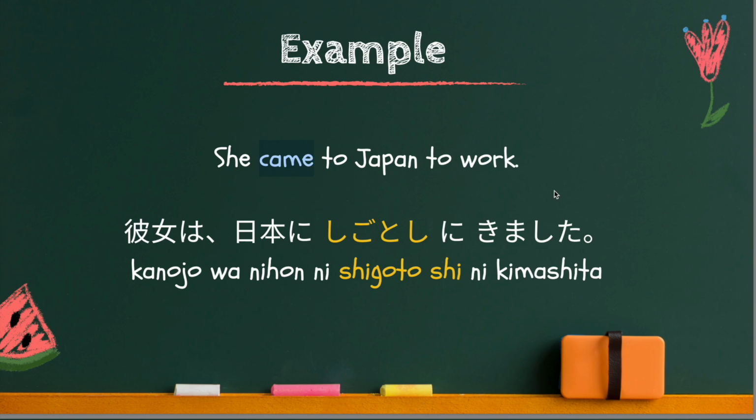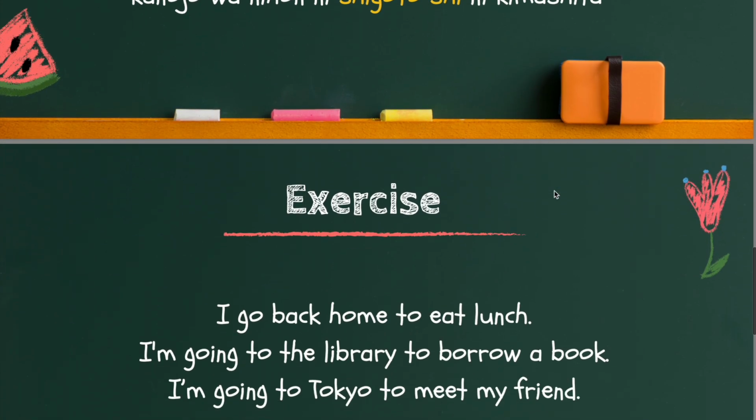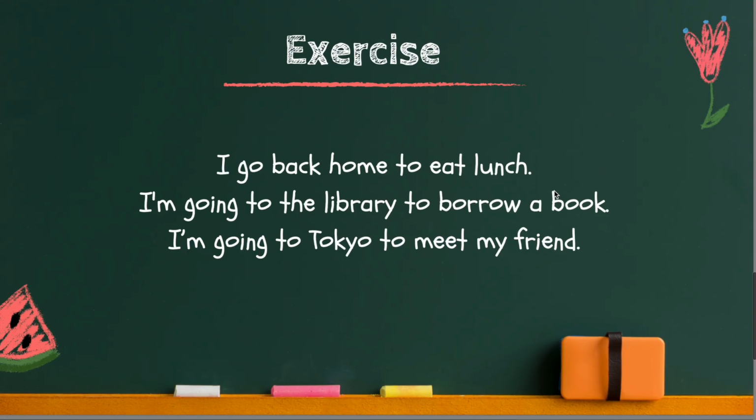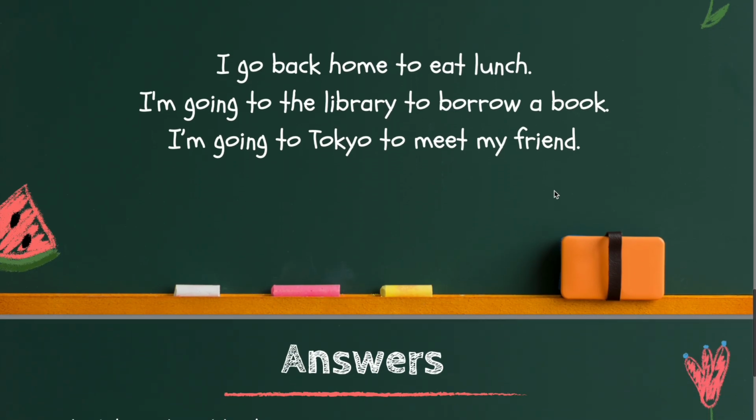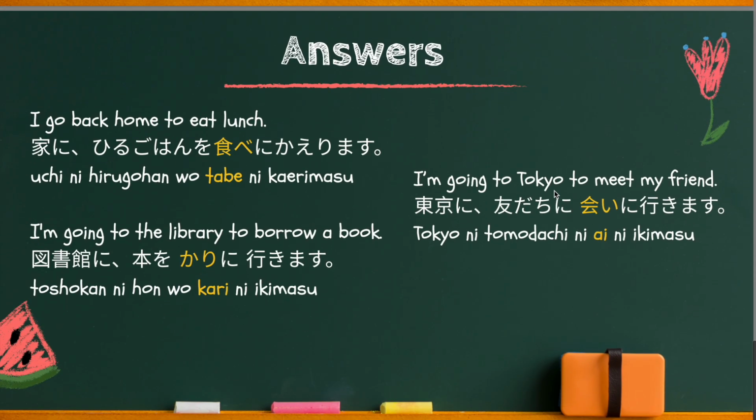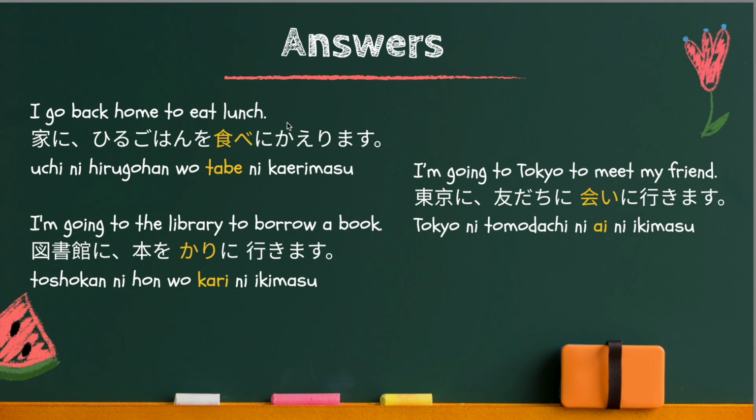So now I'd like you to do this exercise. Stop the video and translate the sentences into Japanese. When you are ready, please come back. Now the answers. I go back home to eat lunch. うちに昼ご飯を食べに帰ります。Destination is home.